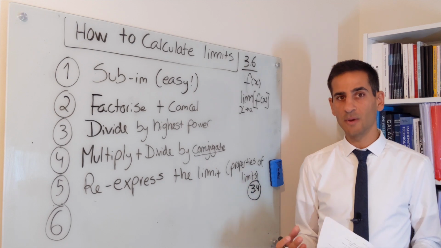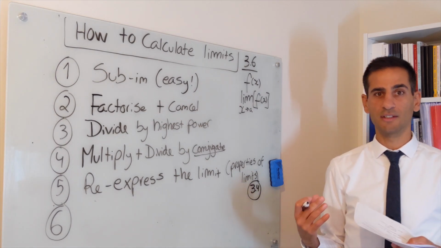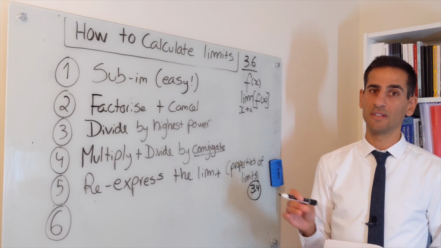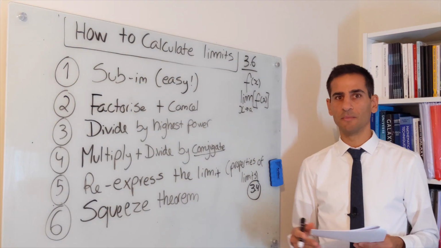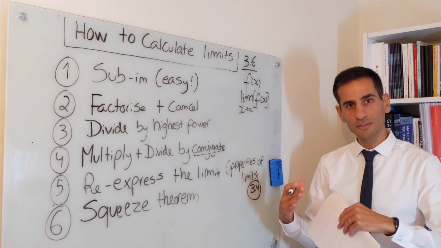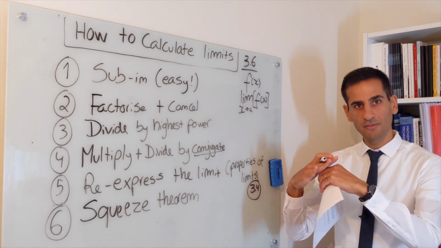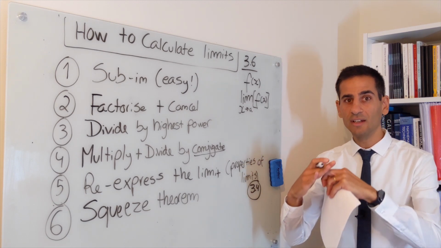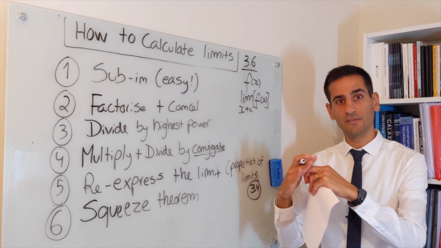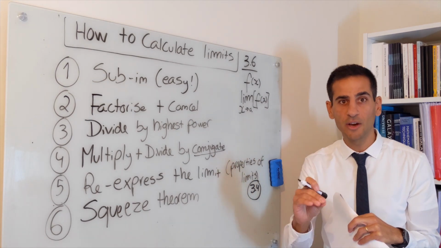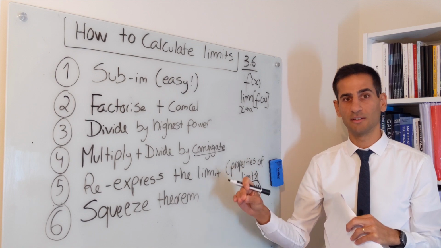A very neat way to prove that is by using something that we will cover, which is called the squeeze theorem. The squeeze theorem essentially tells you that if you can find two functions that bracket the function you're trying to find the limit of, and if you know the limit of those functions at the point that you care about, then you know how to calculate the limit of your function.